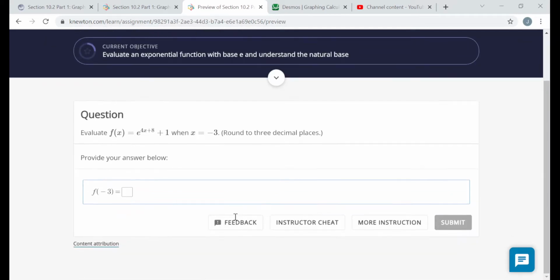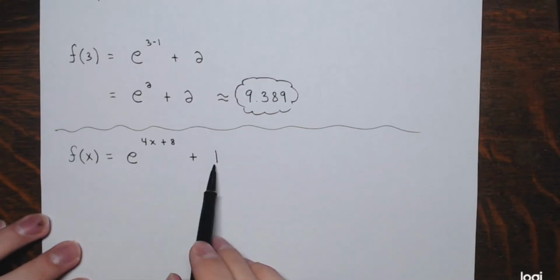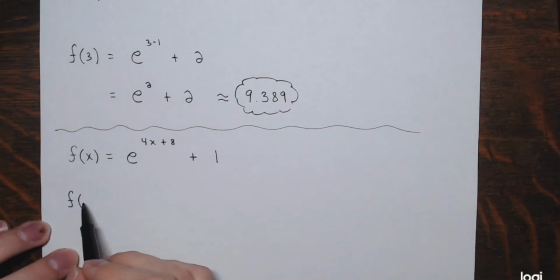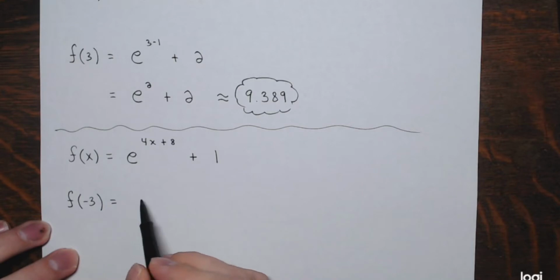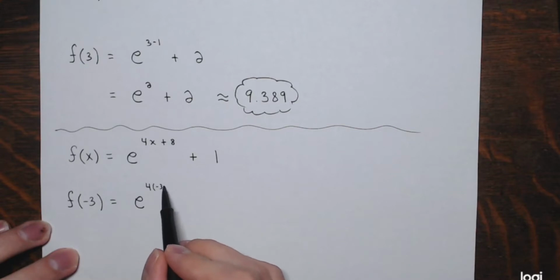All right. So let me do that here. Okay, so I've just written that function here, and we're asked to find the value of this function when the input is -3. So this is e raised to, and then in the exponent we have 4 times -3 plus 8, right?